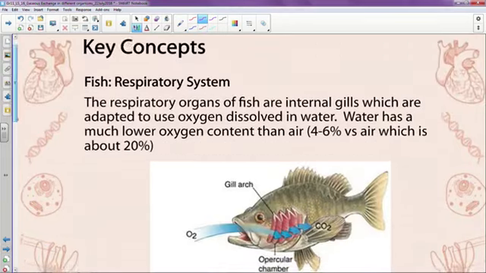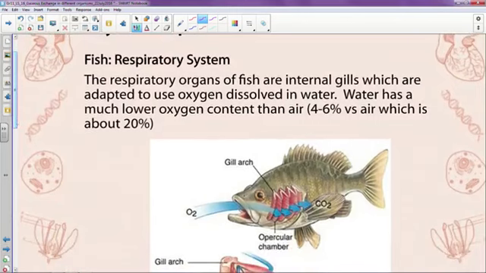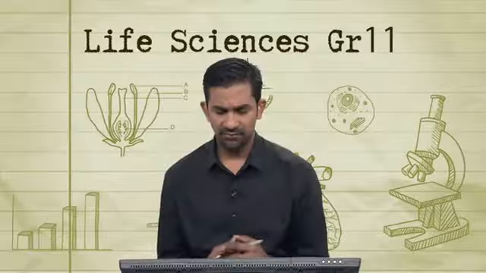Let's look at the respiratory system in fish, and again this lesson is about comparing the respiratory surfaces and systems in different organisms. We know that fish are aquatic organisms, and they live in an environment that has oxygen in the water. So fish rely on structures called gills to exchange gases, and if we look at the gills of fish, you'll find that they are adapted.